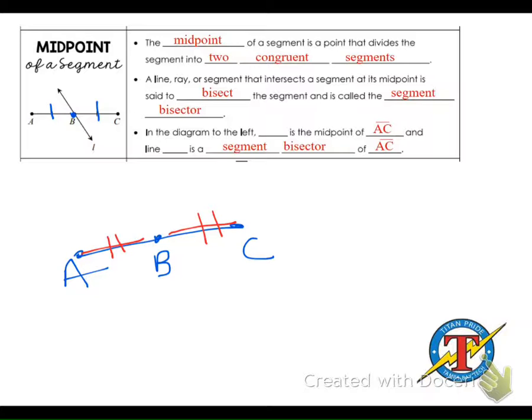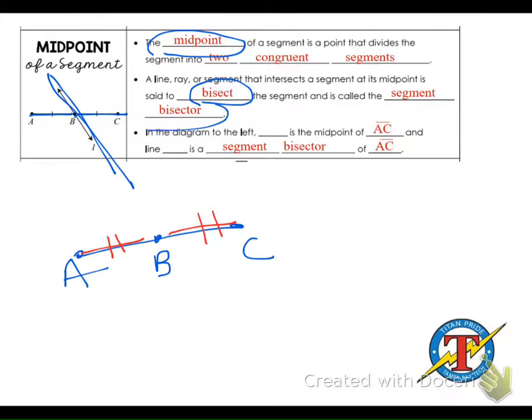Okay? So now, coming back to that, B is a midpoint, means it cuts it smack dab in the middle. So anytime you see that word midpoint, you got to know that that automatically means this piece is definitely equal to this piece because they said so with the word midpoint. Okay? Now the word bisect. If it's not a point, but instead it's a line or a ray, okay, then if it goes through the midpoint, we say that it's a bisector.